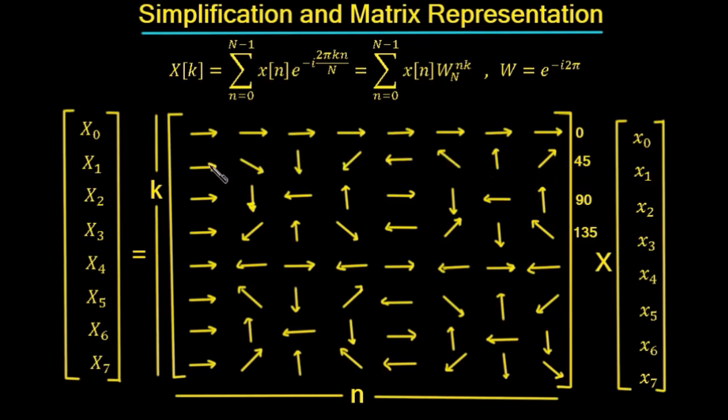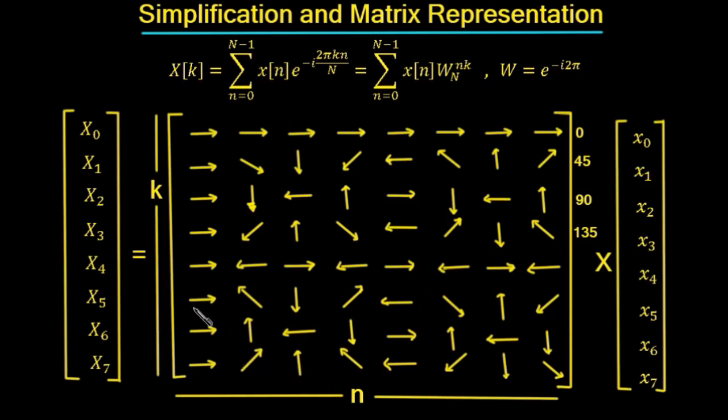So then the next one along will be going at 90 degrees, so we'll be going this way, this is shown here, and then it will go up to 135, so we're going up at 45 degrees or pi by 4 at a time all the way around the circle, and it's going to give you all of these phasors pointing in these directions.